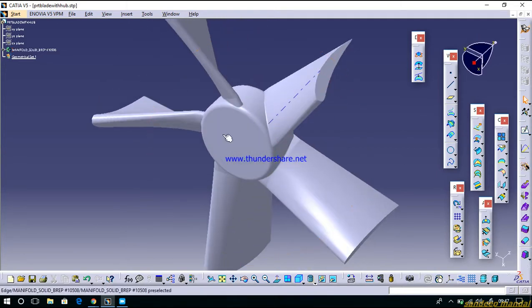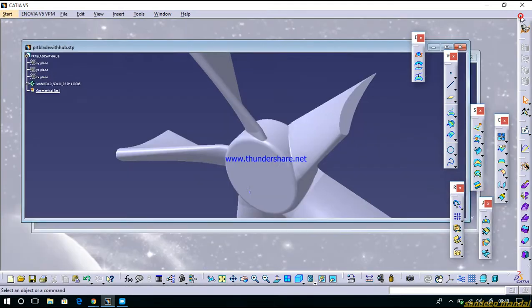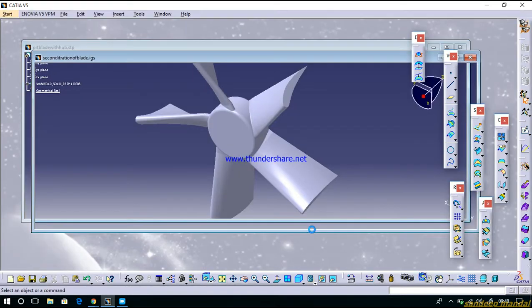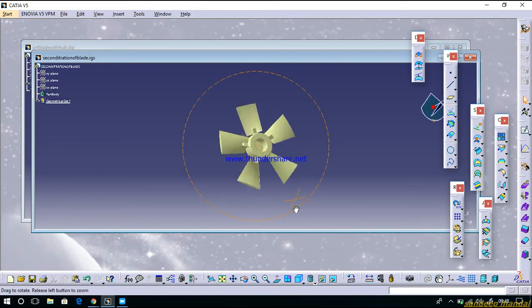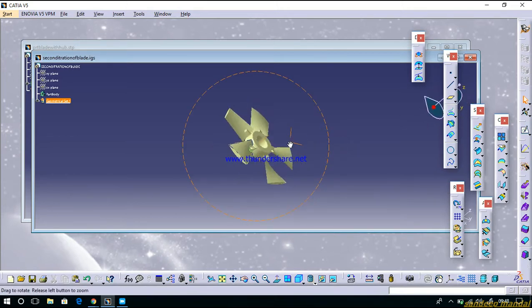I have done different iterations and designed different fans by changing the caudal angle, thickness and aerodynamic shape, so that our analysis should be perfect. This is the second type I had made.